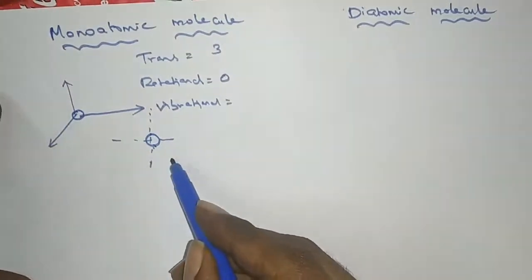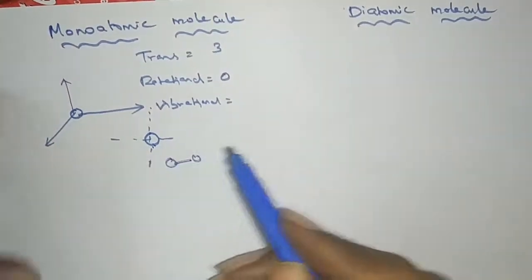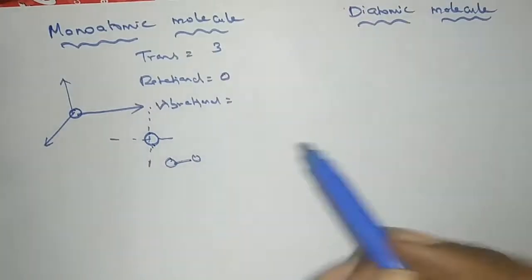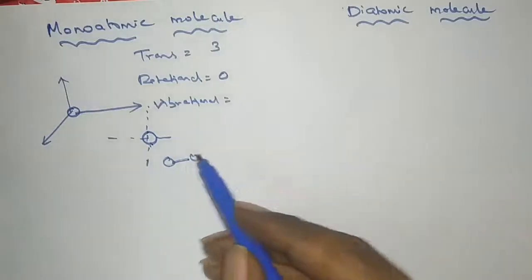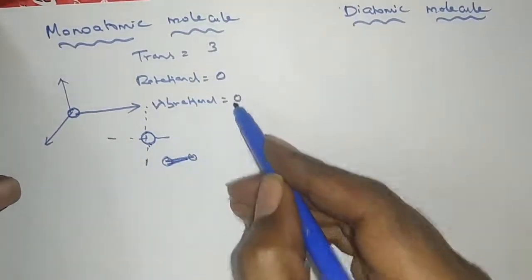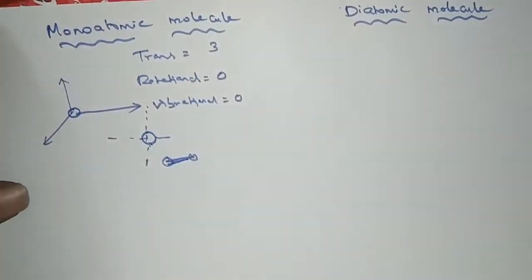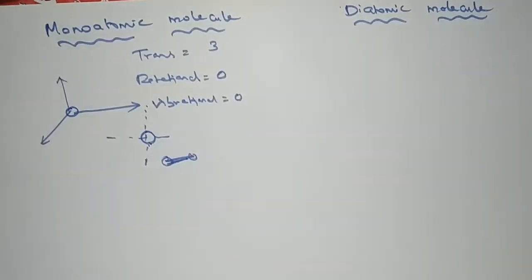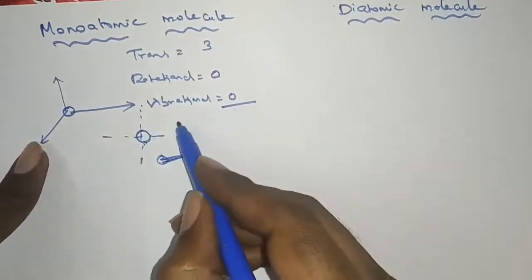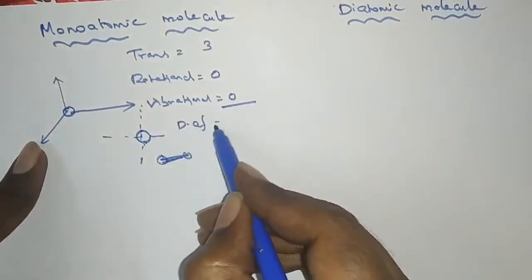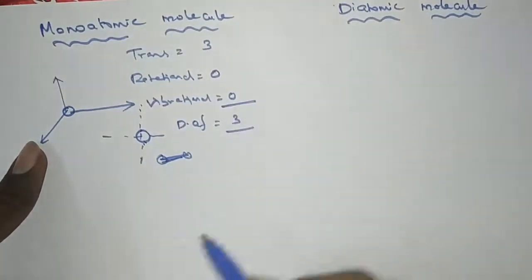If there is a bond, bending vibrations and stretching vibrations happen, but here there is no bond stretching or bending. Therefore, the vibrational motion is also 0. So it has 3 translational degrees of freedom, 0 rotation, 0 vibration. So the total number of degrees of freedom is 3.